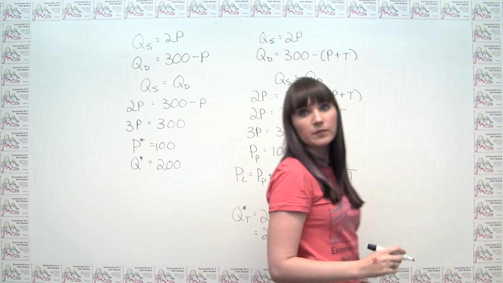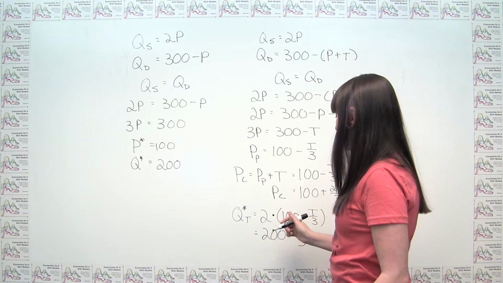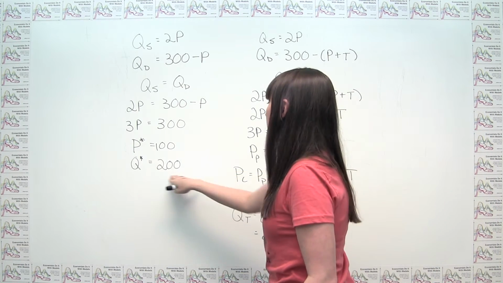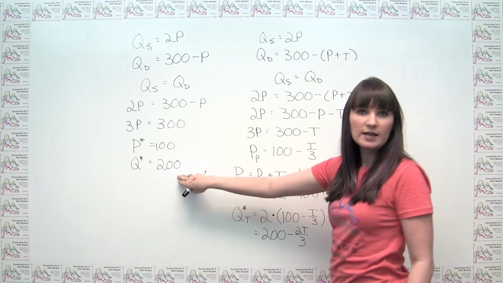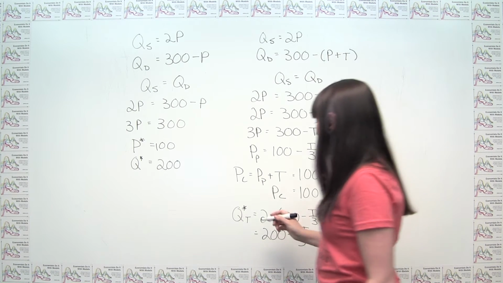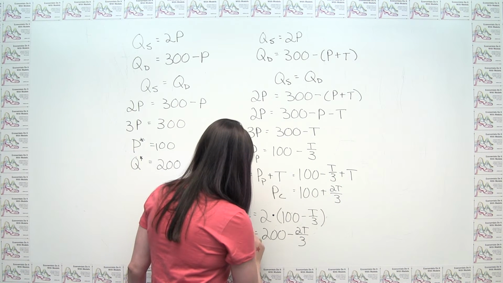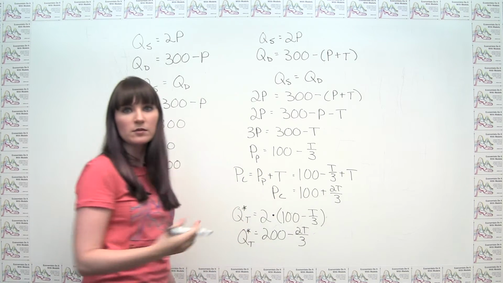2T over 3. And again, we can see a number of things. We can see, one, that this is a lower quantity than was transacted in the free market, as we were expecting. So we've shown now through this example that taxes do in fact discourage economic activity in most cases.